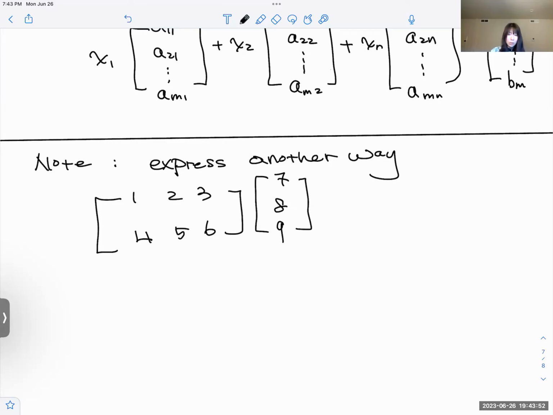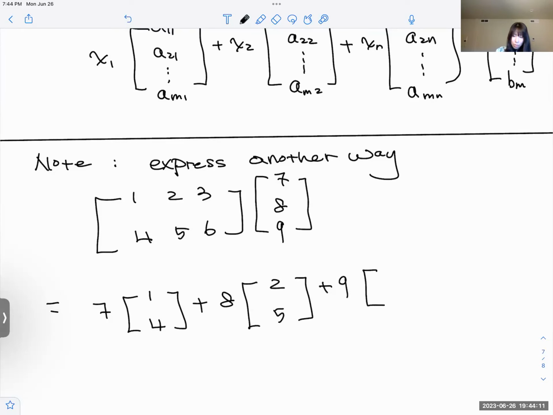Okay, so this one, how did we do it? This one we did 7 out, and then we did 1, 4, right? And we did 8 out, 2, 5. We do 9 out, 3, 6.